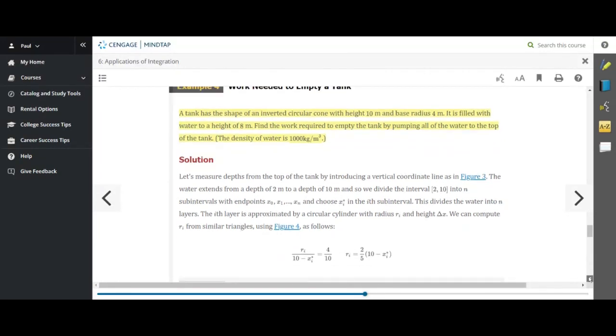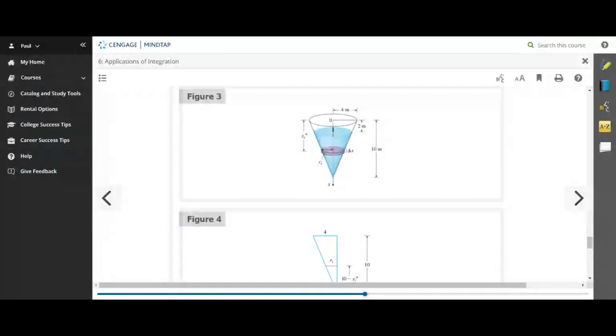If I go down here to figure 3, there's a picture of this inverted conical tank. The tank is 10 meters high and has a radius of 4 meters. They're showing water filled into the tank up to a height of 8 meters, so the top 2 meters have no water.